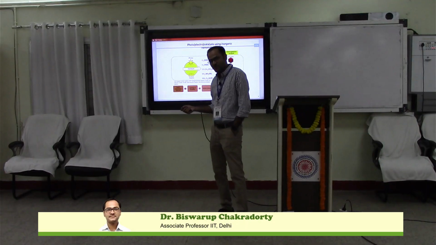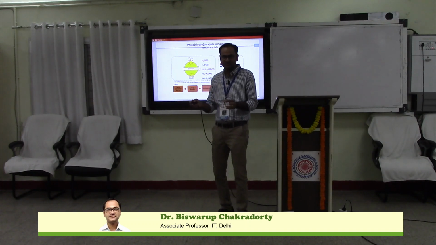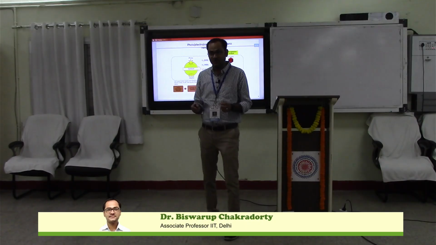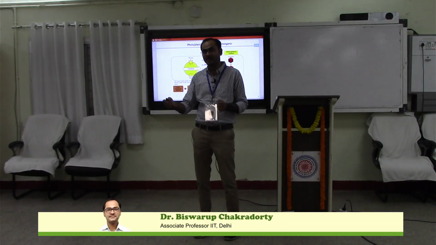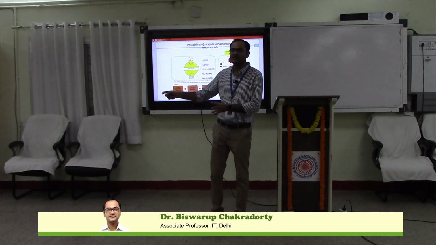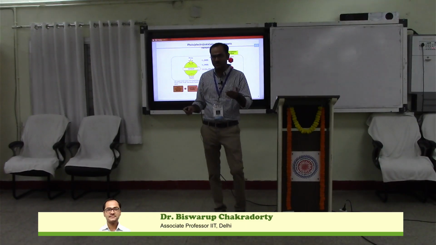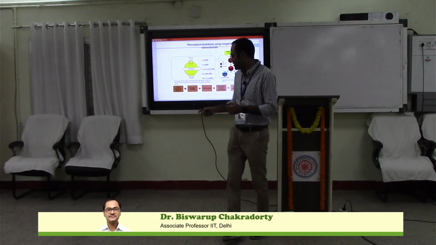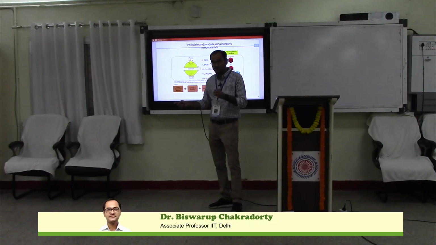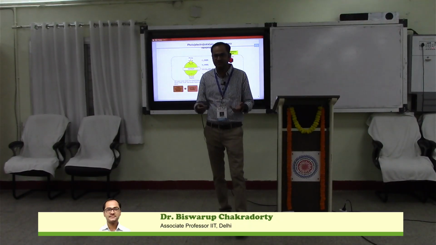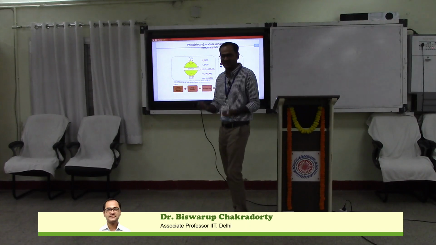So if we can build some engine, and some engines are now available, in Japan they have already made an engine that can generate hydrogen simultaneously, and using that hydrogen they can run a vehicle. So that's why hydrogen is our next sustainable fuel. And oxygen is our side product of water splitting, but it is also environmentally friendly, because oxygen we need, it is the only fuel that we take every day.